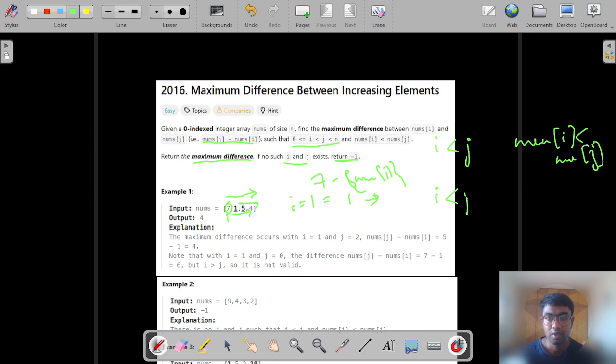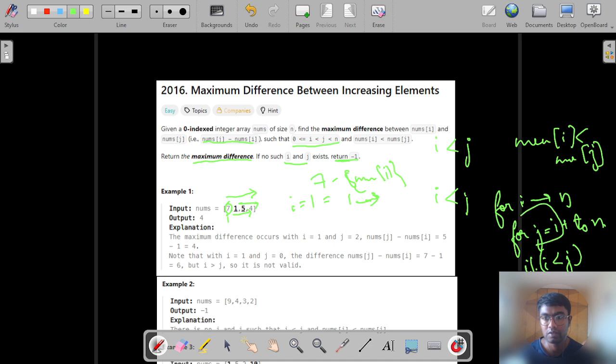So we can have a for loop i to n, and for j loop equals i plus 1 to n, right? And we can add in two conditions: i is less than j, which will obviously be true with this initialization, and we can only have nums of i less than nums of j.